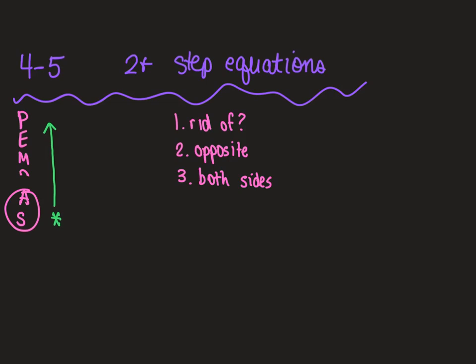So when we sing the silly song, minus 2, times by 2, divide by 2, we need to be singing an add or subtract song. Then we're going to sing a multiply or divide song. You're always going to add or subtract first, multiply or divide next, to work backwards on these two-step equations.